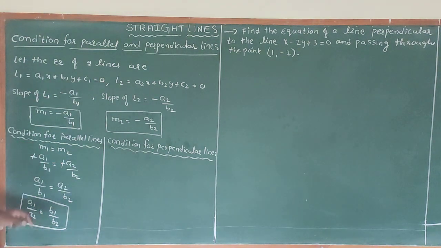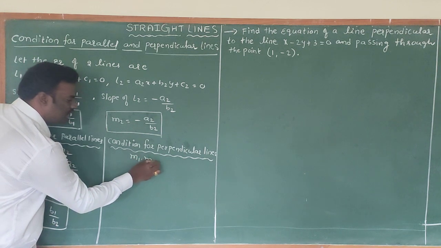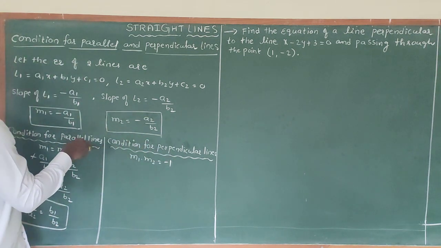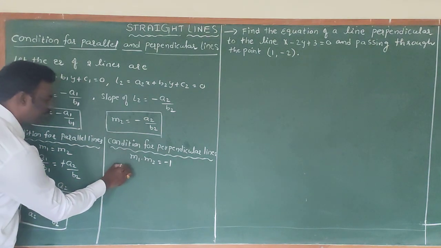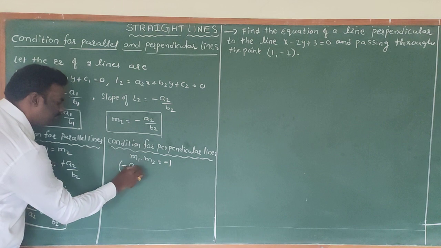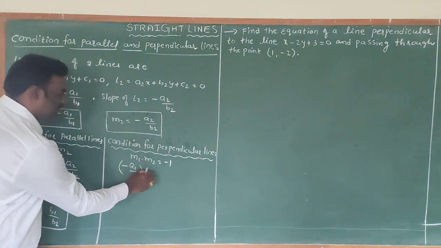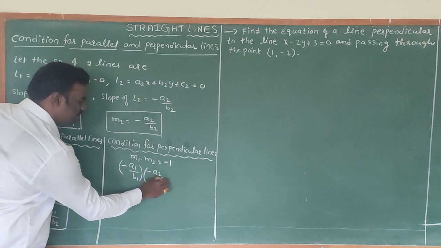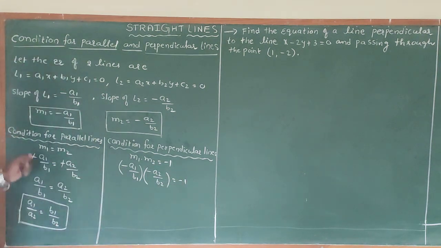What is the condition for perpendicular lines? m1 into m2 is equal to -1. Now m1 value is minus a1 by b1, m2 value is minus a2 by b2, that equals to -1.